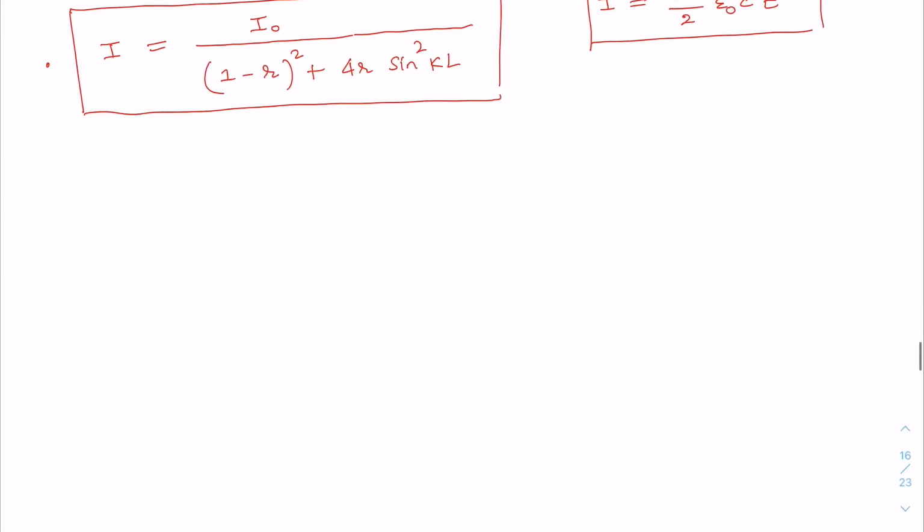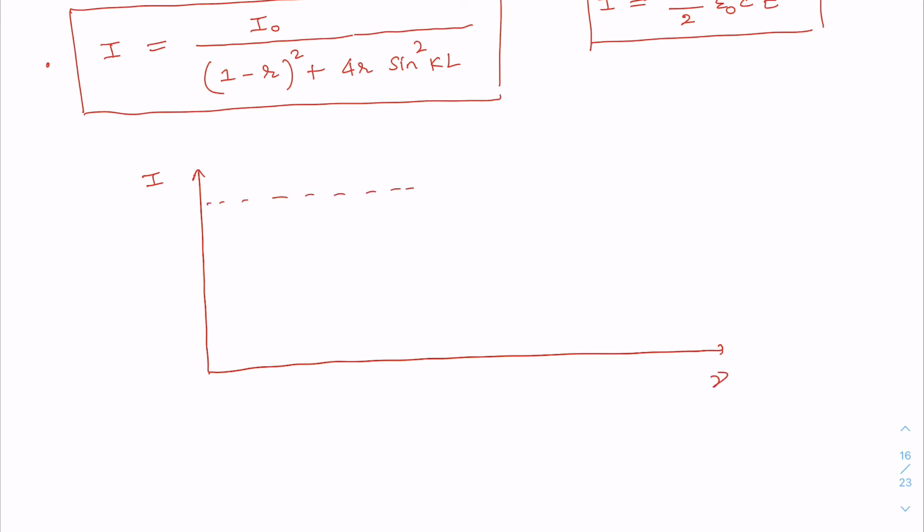A typical intensity versus frequency plot for a Fabry-Perot cavity would look like this. Let us say we have intensity on the y-axis and frequency on the x-axis. Let me plot it.